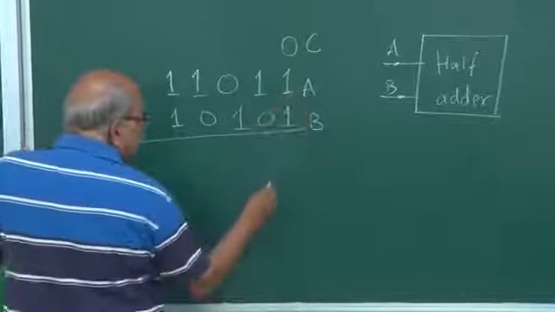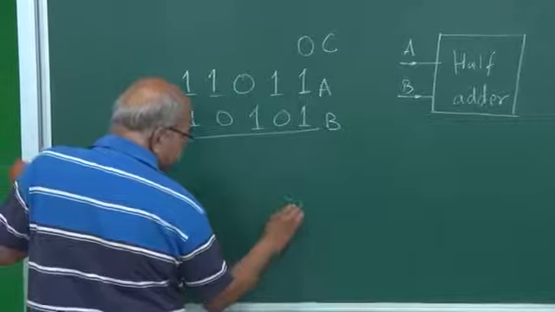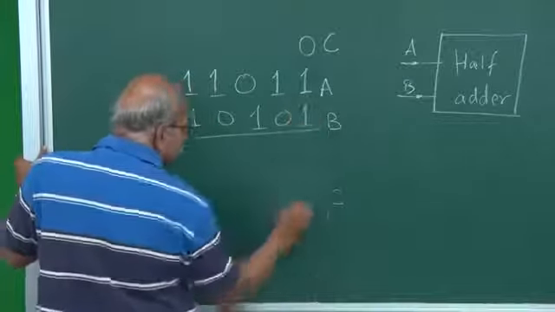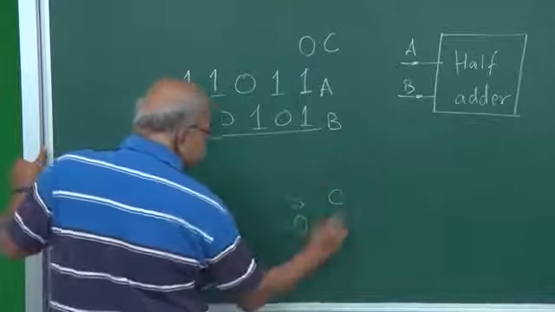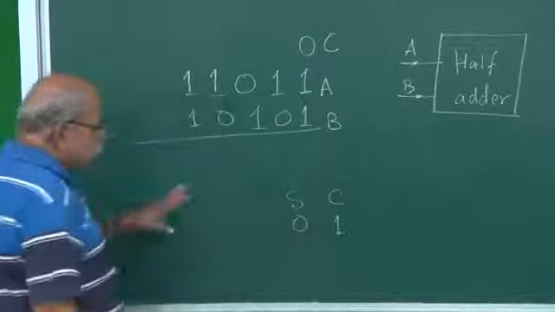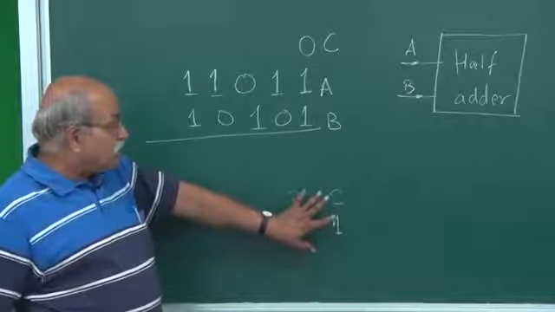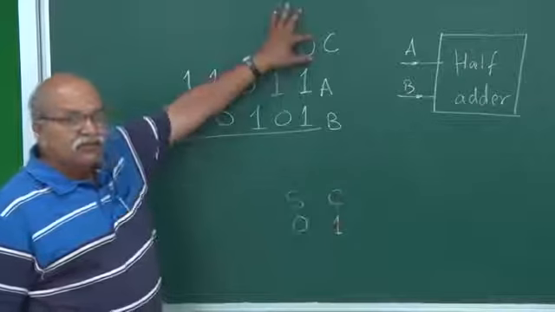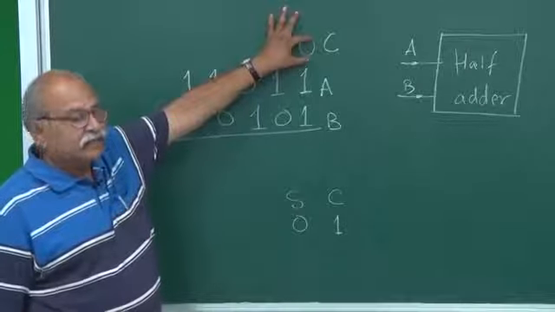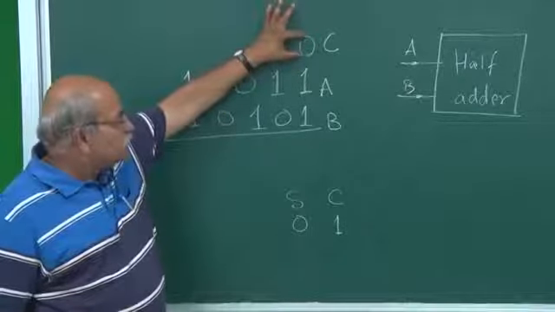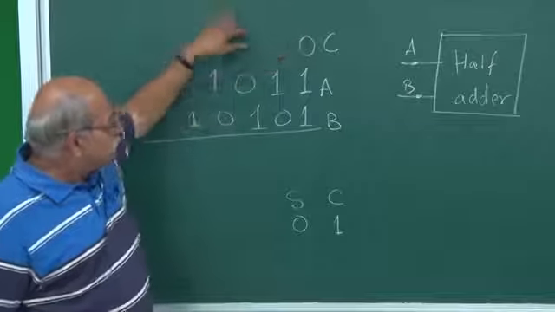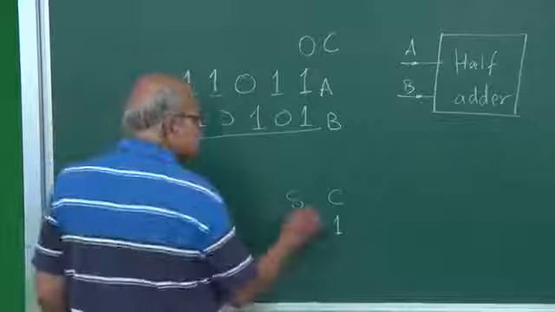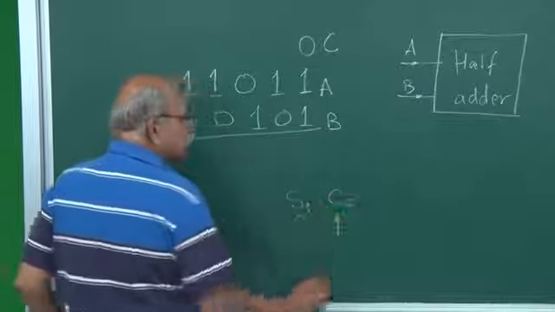When I do this, I get sum as, this is my first half adder, remember, and I get a sum which will be 0, I will get a carry which will be 1. But this is intermediate, this is not the final carry and final sum, because I have not taken care of this carry here. In this particular situation it is 0, it will not affect, but later on it will affect. So, this is only an intermediate sum and intermediate carry. So, let me write it SI and CI.